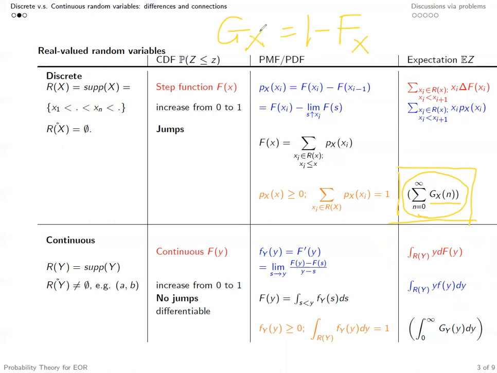So for arbitrary small x, Gx of small x is equal to 1 minus Fx of small x. This is the survival function. And similarly, this is also true for continuous random variables, but instead of the summation, we make use of the integration.